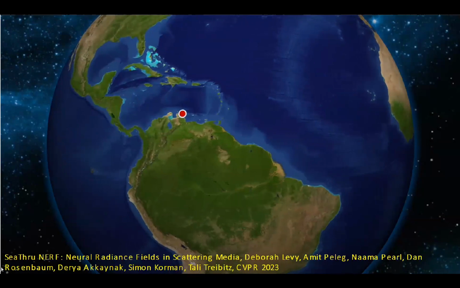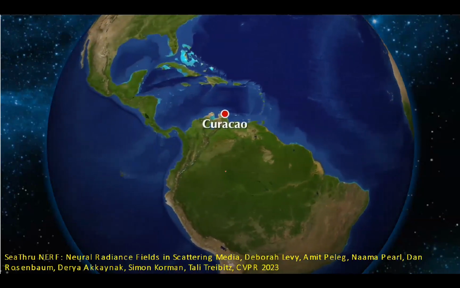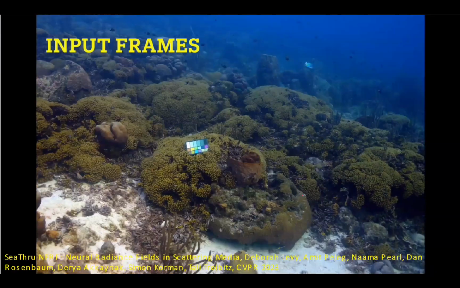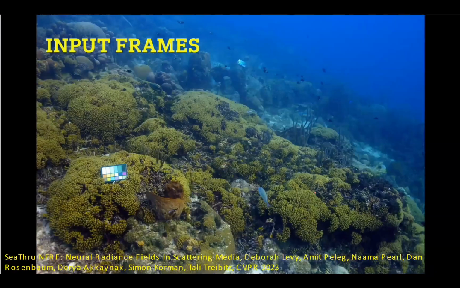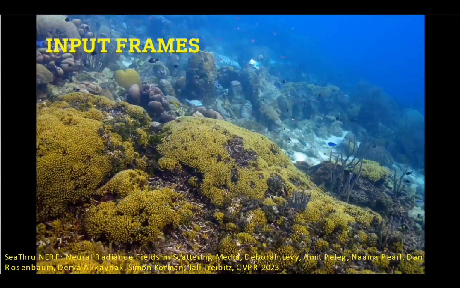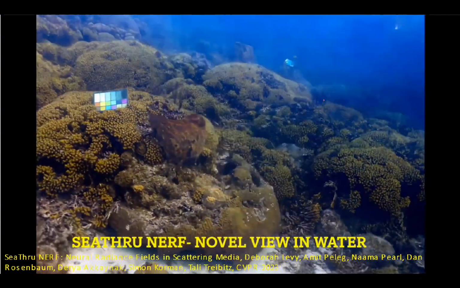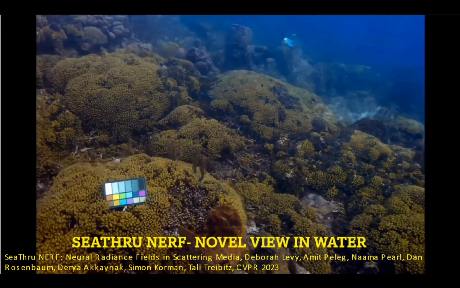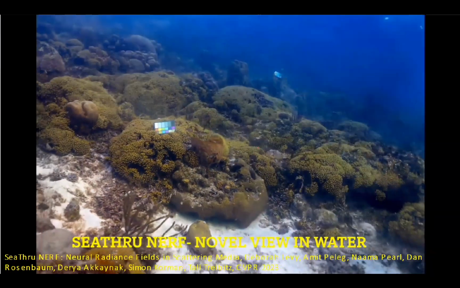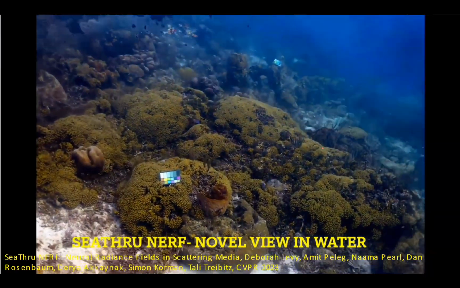A few more examples here. Again, these are input frames that we took at the scene. And this is what we are able to reconstruct. So you see it's a pretty good reconstruction of the 3D structure and colors of the scene.